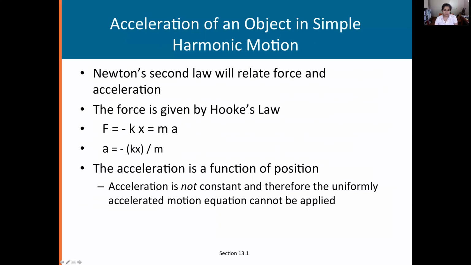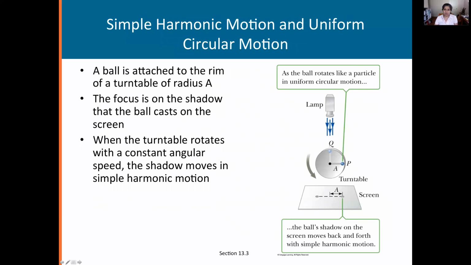But we know that a is now dependent on x, so it's not constant with position. Hence, we cannot apply kinematic equations, which had to be under uniform acceleration. So we looked at the three equations before for displacement, velocity, and acceleration.